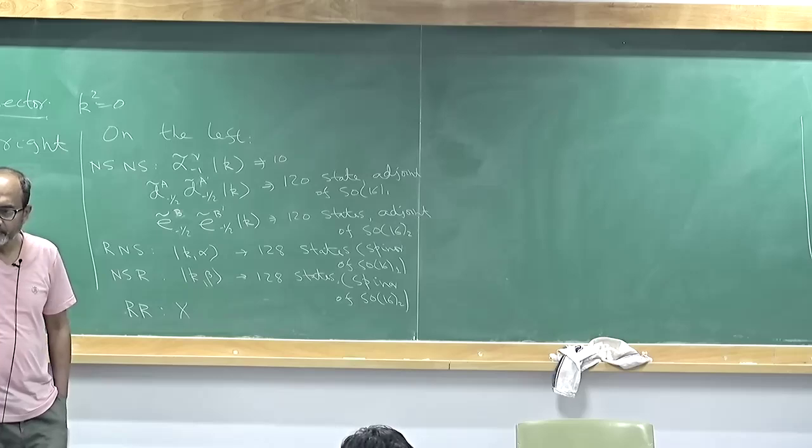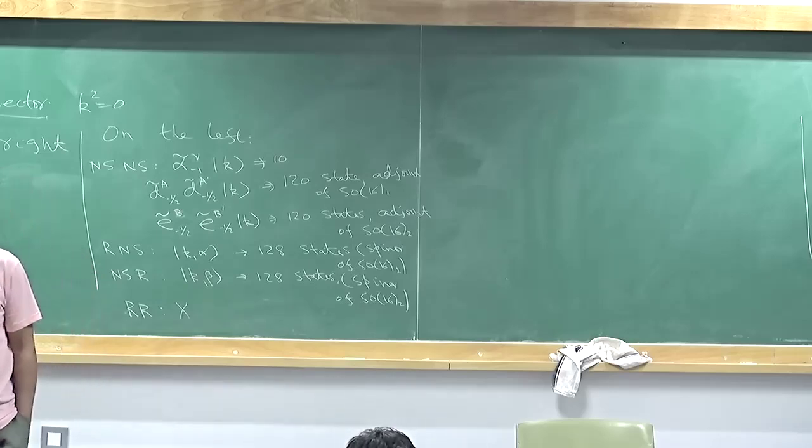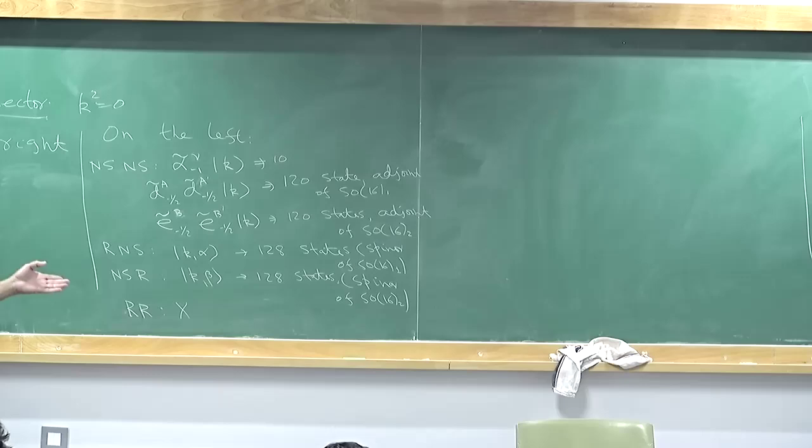So do the 120 states transform under the 128? Yes, they do. They have to. From what you have done so far, you don't see that, because the E8 symmetry is not manifest.